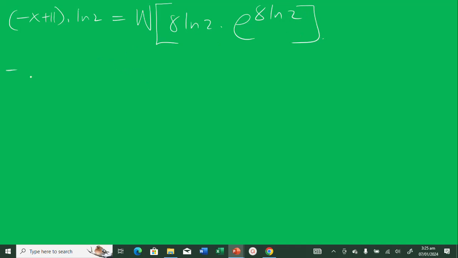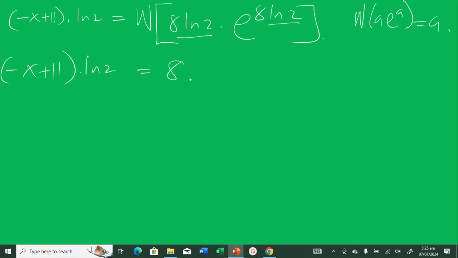So using this Lambert W function, where you have Lambert W of a times e to the power a is equal to a, this is like a, this is like a. So you now have this whole expression equal to 8 times natural log 2.